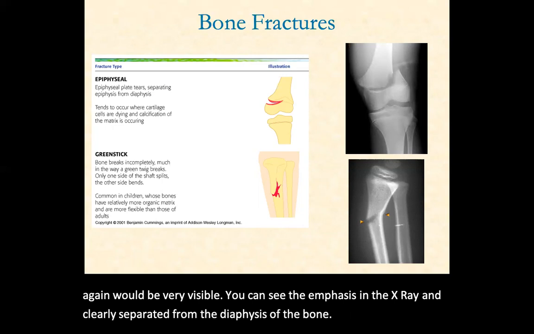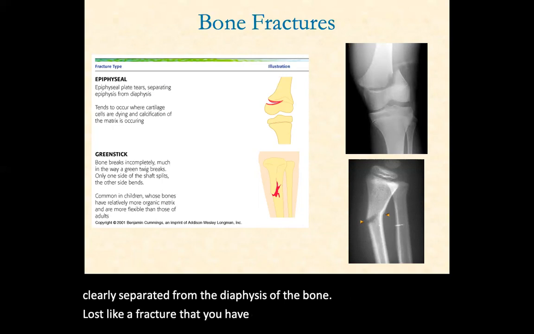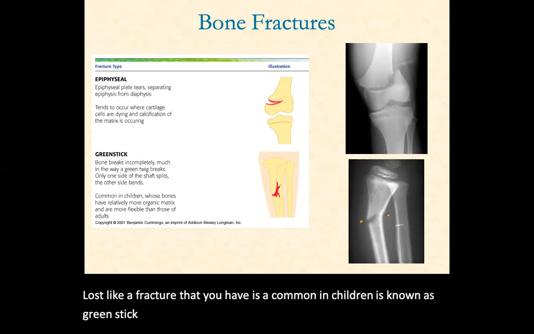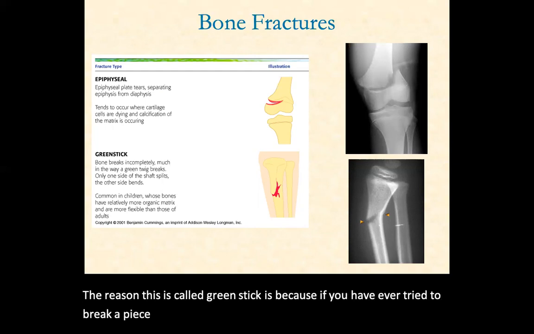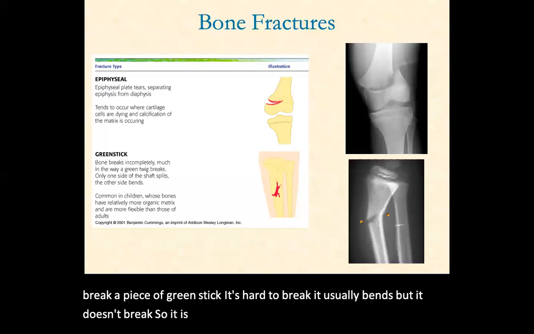The last type of fracture, which is common in children, is known as greenstick fracture. The reason this is called greenstick is because if you have ever tried to break a piece of green stick, it's hard to break. It usually bends, but it doesn't break. It is the same thing in children's bone.